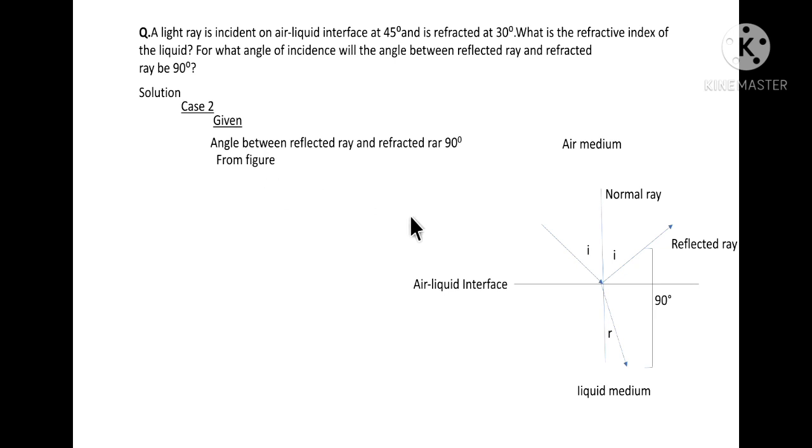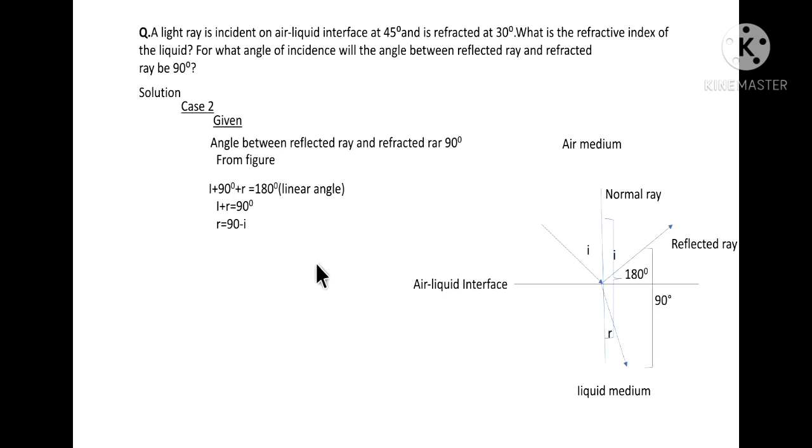Now from the figure, the angles marked with the arrow marks together make 180 degree, which is a linear angle. So if you add all those angles, I plus 90 plus R equals 180 degree, and from that equation you will get I plus R equals 90 degree, and R equals 90 minus I.